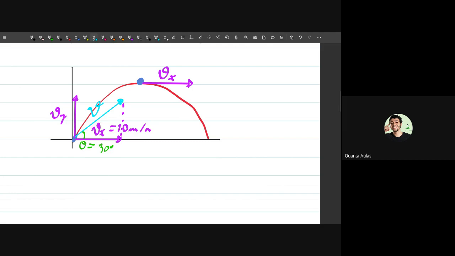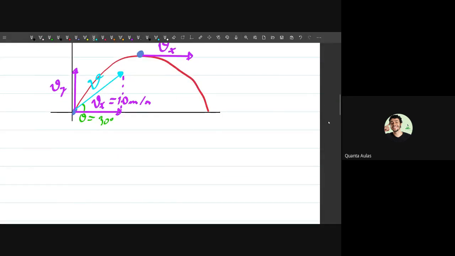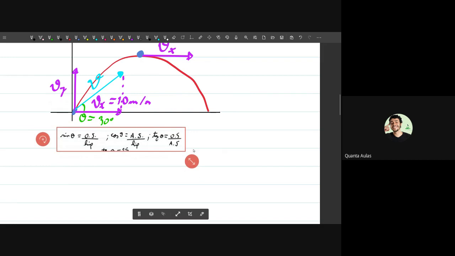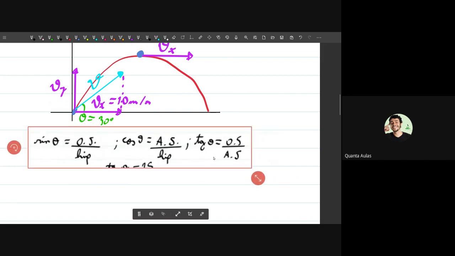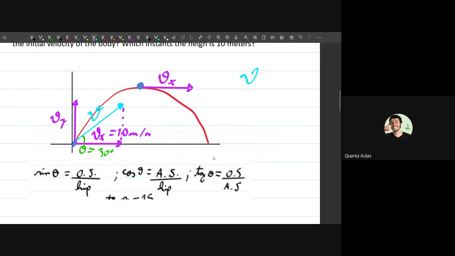So we want sine or cosine, because if you want V, the diagonal velocity, the diagonal velocity is the hypotenuse.